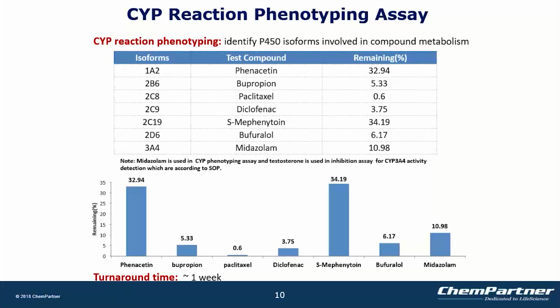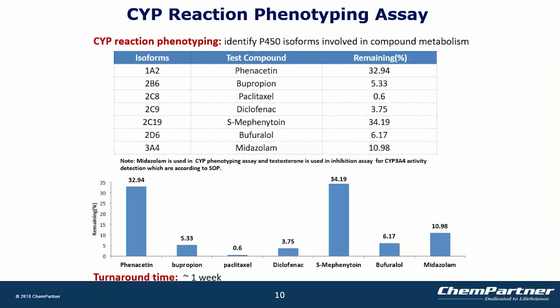I want to mention that the more detailed assays run at ChemPartner are compliant with the FDA guidance, and also with big pharmas' assays. I came from Amgen and Sanofi, so when I look at the detailed assay content, the way we run it is similar to their assays.